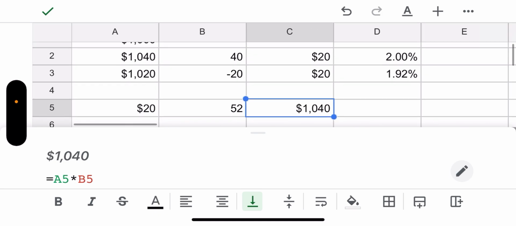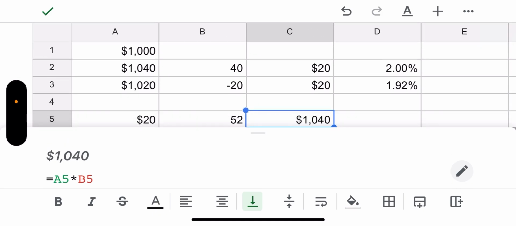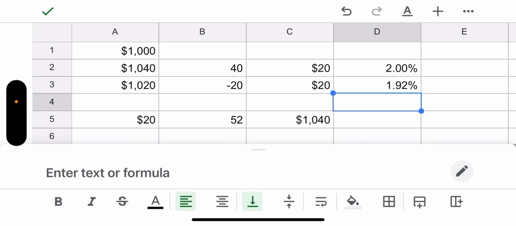So this math applies to any principal value. It applies to $1,000, it applies to $10,000, it applies to $50,000. In 1 year, we have more than doubled that amount just by being right half of the time, and only by being able to trade 2 days a week.